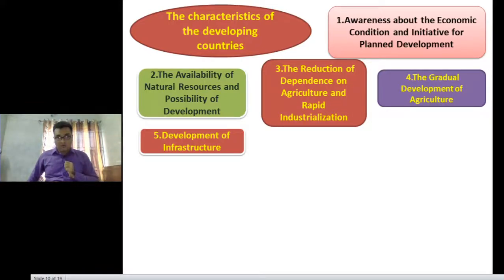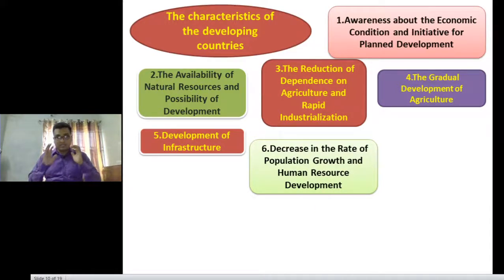Dear students, now I am going to discuss the decrease in the rate of population growth and human resource development. In this type of countries, they have taken many measures to control their population growth. At the same time, they have taken many measures to make their population into human resources. So this is one of the characteristics of the developing countries.